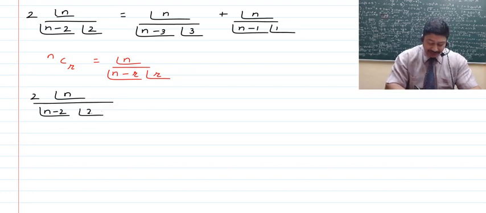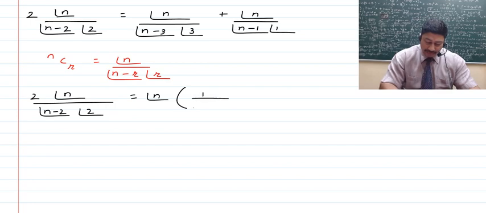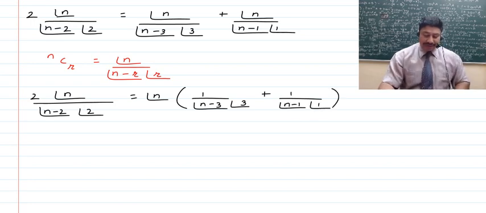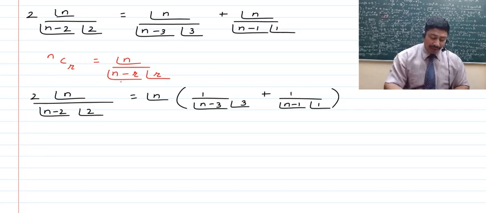Now this is factorial 2, which will further become equal to factorial n, which can now be taken common outside, and inside we will have 1 upon factorial of (n minus 3) times factorial 3, to which is to be added 1, because factorial n has already been taken out, divided by factorial of (n minus 1) times factorial 1, right. Now children, we see that we have factorial n on either side, so we can cancel it off, right. So we have done some simplification. Further, we are to simplify further.